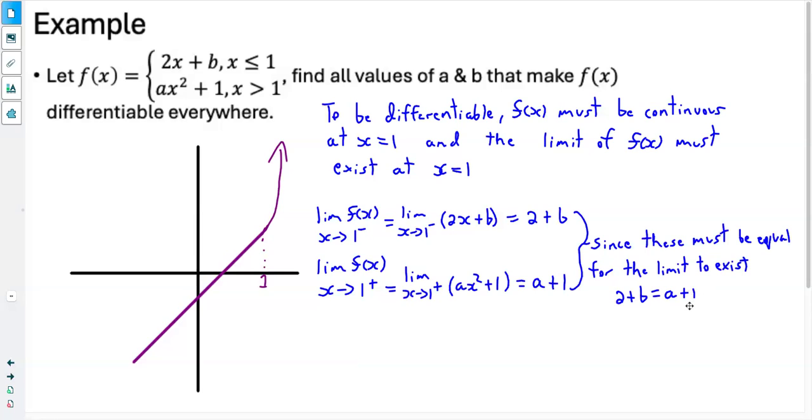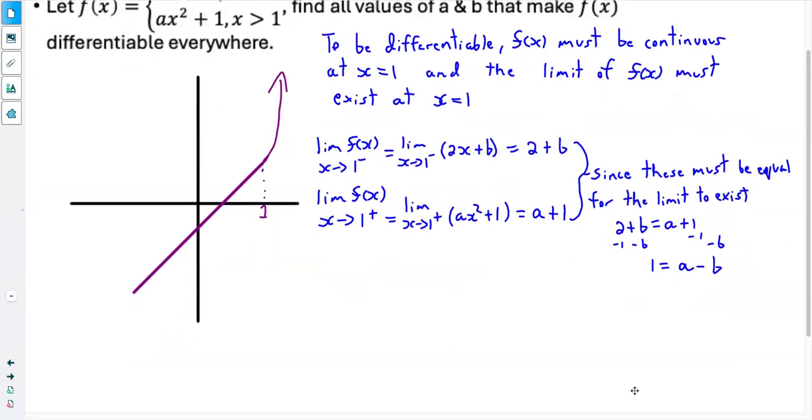Now, if I rearrange this by subtracting 1 from both sides and subtracting b from both sides, that gives us 1 equals a minus b. So we've come up with an equation from our limits to make it continuous.